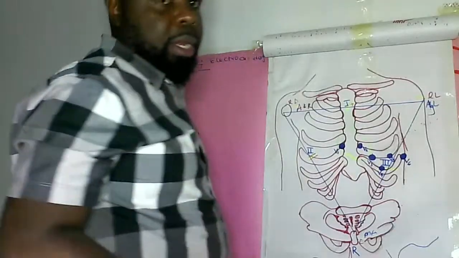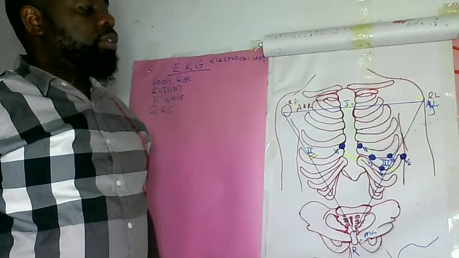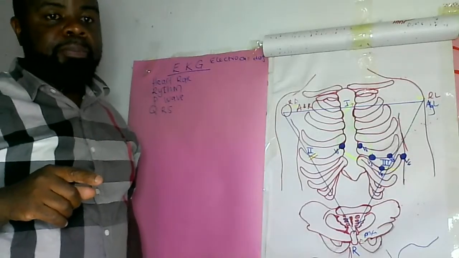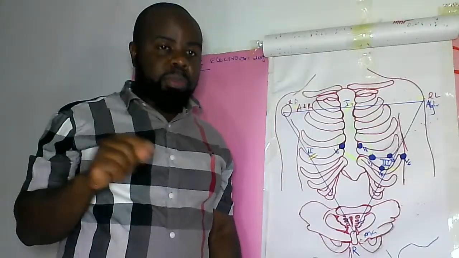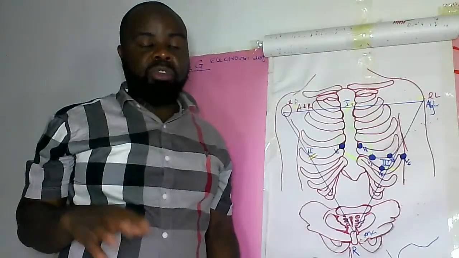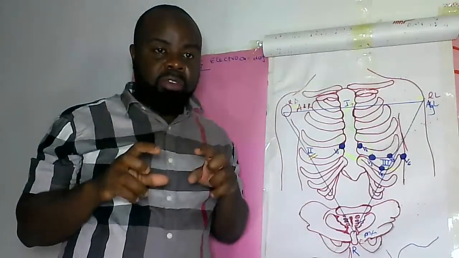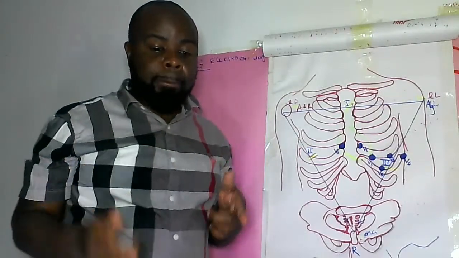We say when the sinoatrial node depolarizes, it's when positive ions are getting into the cell. So depolarization causes contraction, and that comes up with a P wave.